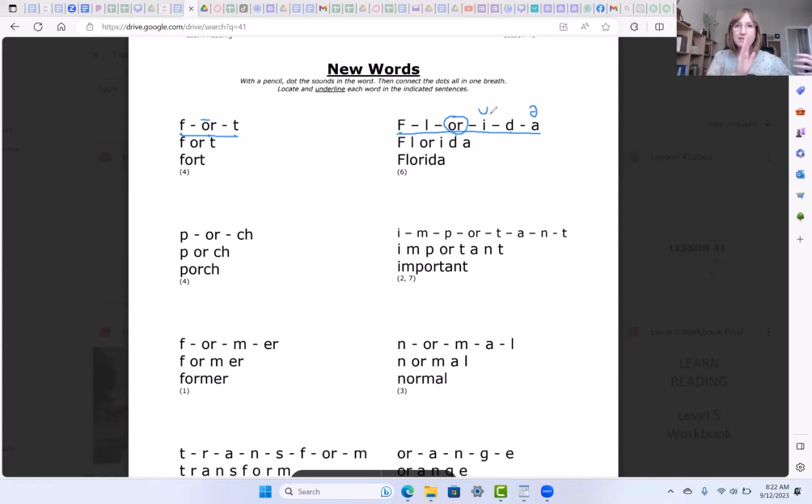And if that I is in the middle syllable, it will say I. And A's, if you remember from a past lesson, A's at the end always change to the schwa sound and say ah, represented by this upside down E. The schwa sound is ah, and A changes to the schwa sound when it's the last letter. So the sounds are f, l, or, i, d, ah. When you push those sounds together, you have Florida. Florida. All right, keep going.